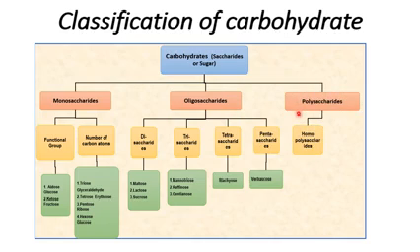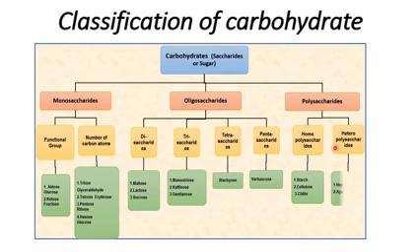In the polysaccharides there are homopolysaccharides, made up of one type of monosaccharide, for example starch, cellulose, chitin, and there are heteropolysaccharides, for example heparin and agar-agar.